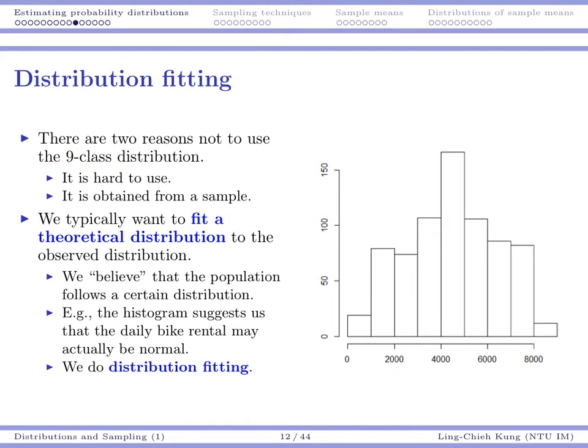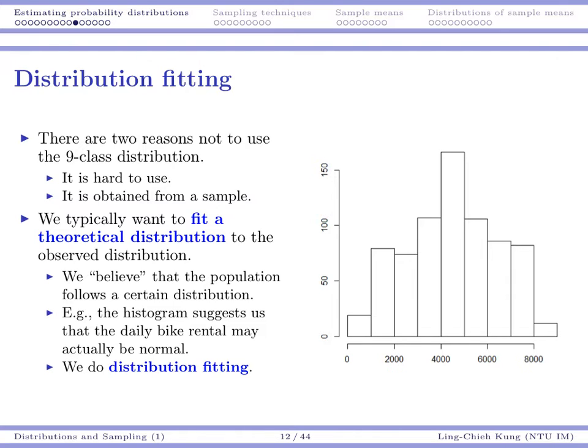It's hard to be used. And also, we know in any case, it's just obtained from a sample. So given that the 9-class distribution is from the sample, it has no chance to be exactly the probability distribution of that random variable.